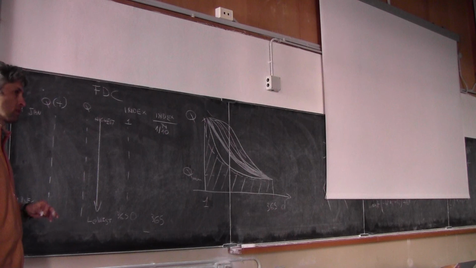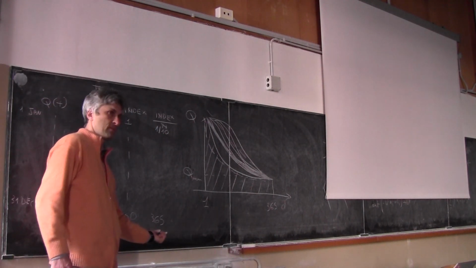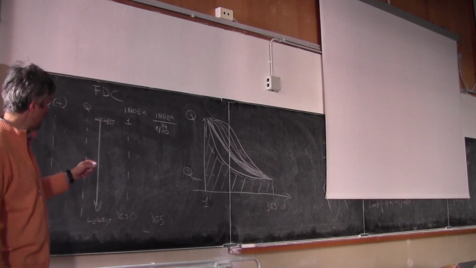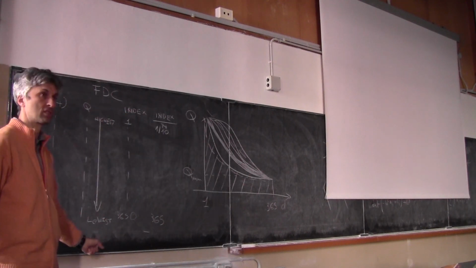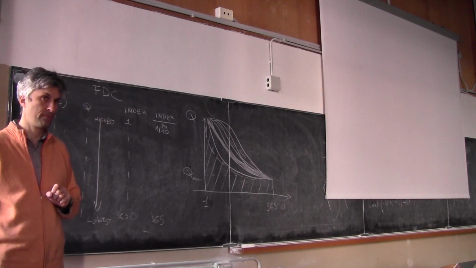And then you can draw a curve which has in abscissa this index divided by n, and along the ordinates the ordered observations from 1 to 3,650.